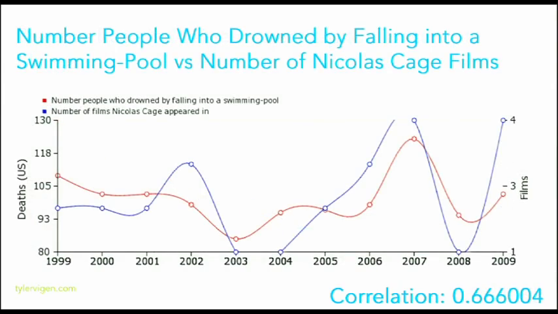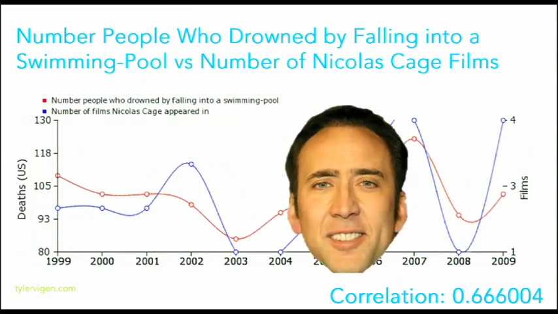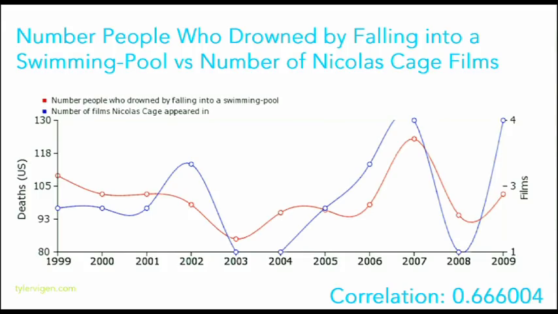Or even better, the number of people who drowned by falling into a swimming pool versus the number of Nicolas Cage films. Still a pretty high correlation. I mean, these things are ridiculous, right? So we do have to be careful. These correlations can be very powerful, but we do want to do more than just explore casual correlations. And that really is why the 6 checks are so important and why we're going to spend 8:30 on a Wednesday morning talking about it.